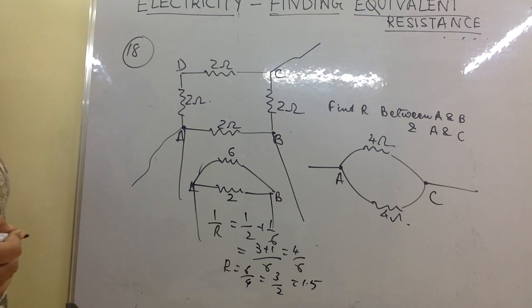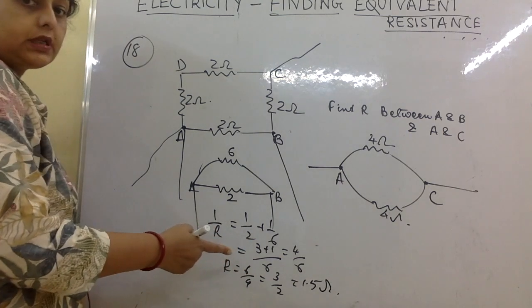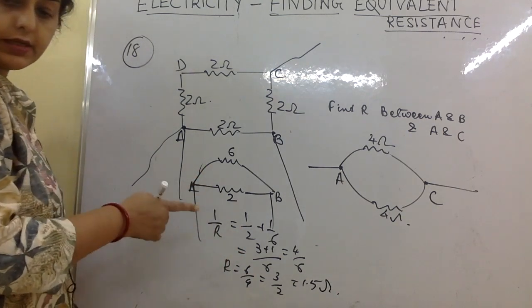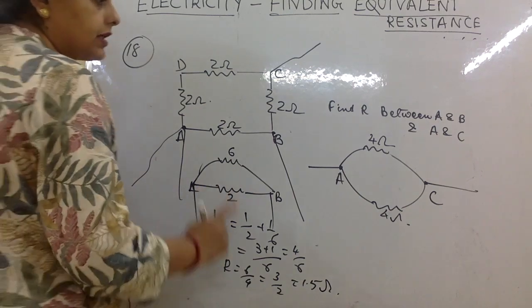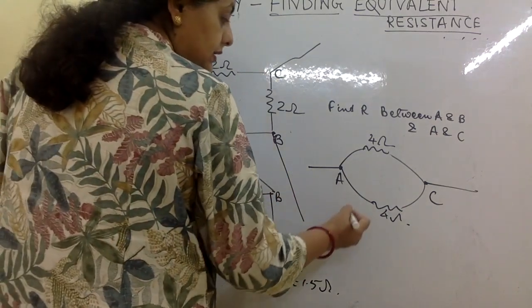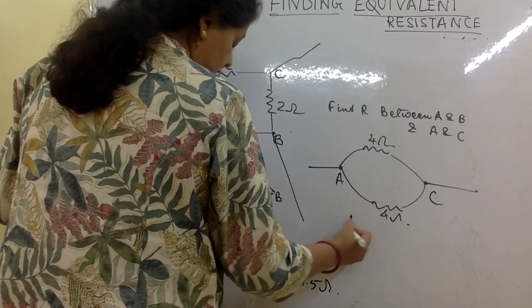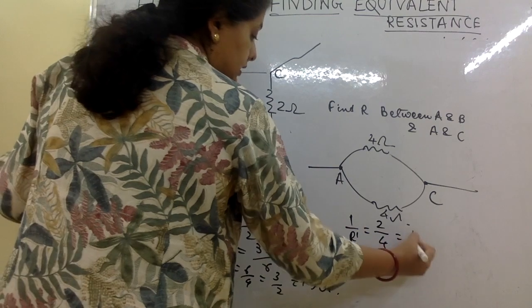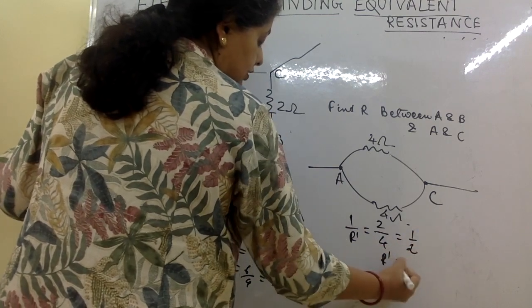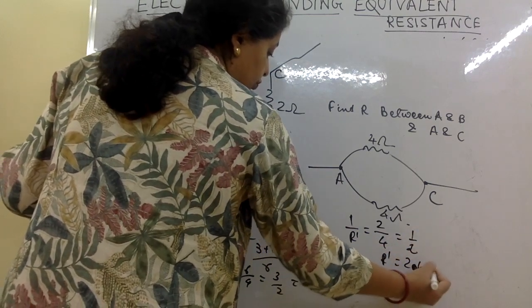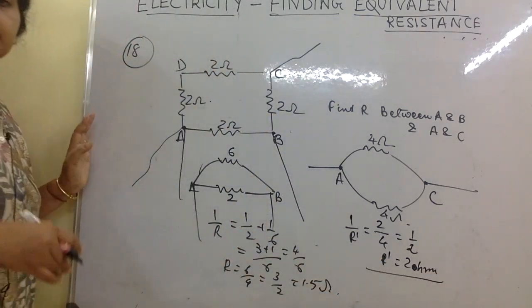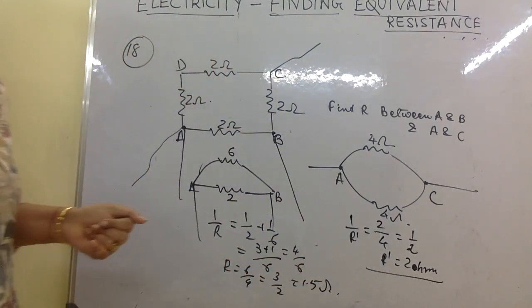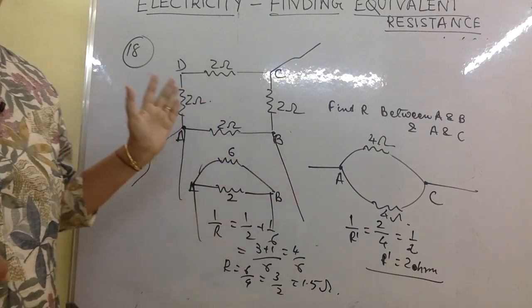So this is 1.5 between A and B. Now between A and C, let's take 1 by R dash, which is 2 into 1 by 4, that is a half. So R dash is equal to 2 ohms. So a completely different answer in both cases: 2 ohms and 1.5.